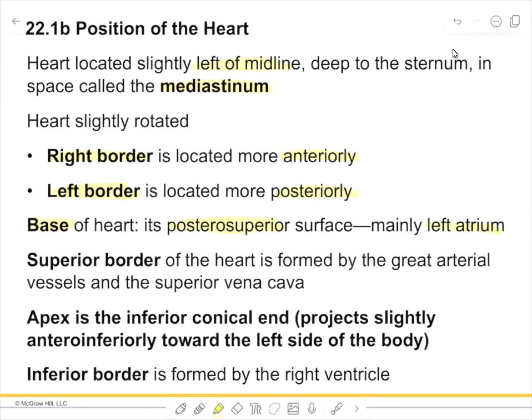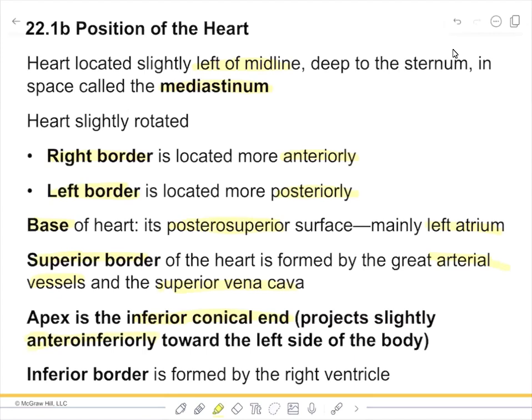The superior border of the heart is formed by the great arterial vessels and the superior vena cava. And finally, the apex is going to be the inferior conical end, at the anterior inferior left side of the body.